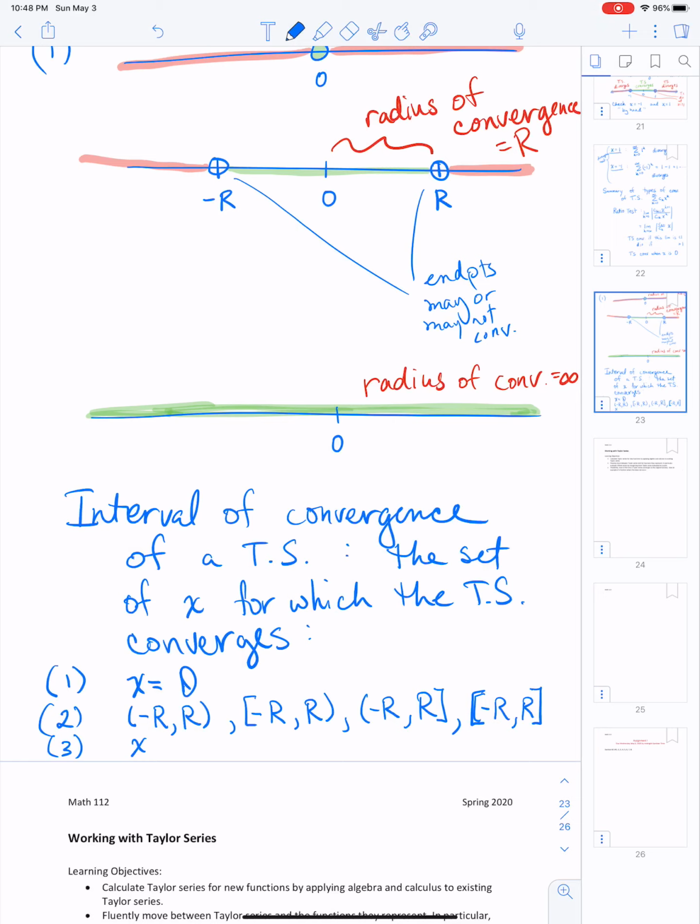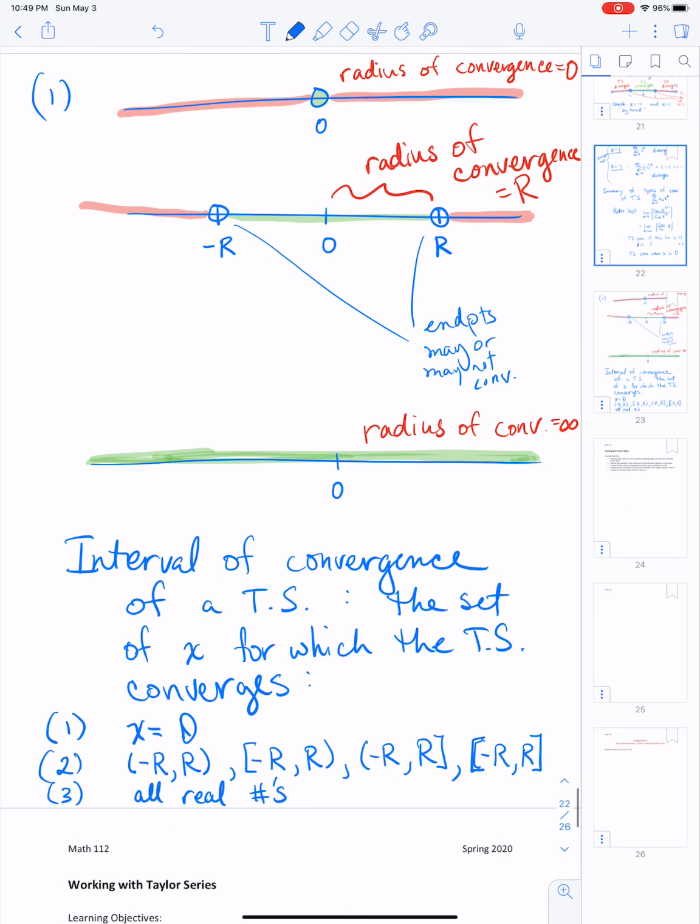The third case is, we could write it as x is all real numbers. I like to sometimes say, the interval of convergence, let's just write all real numbers. So these three scenarios connect with the three pictures that I drew above.